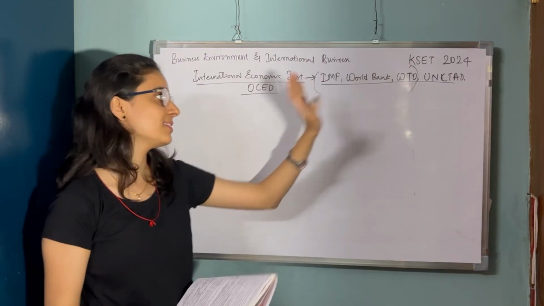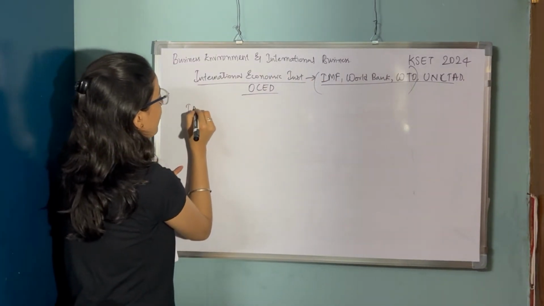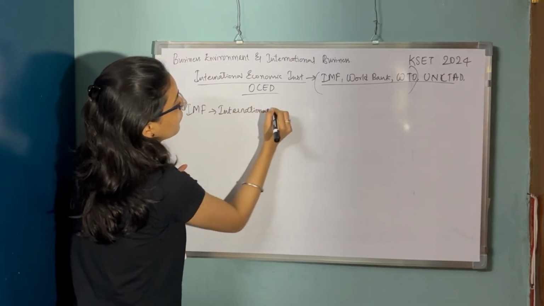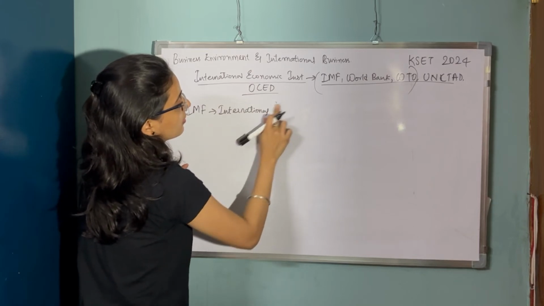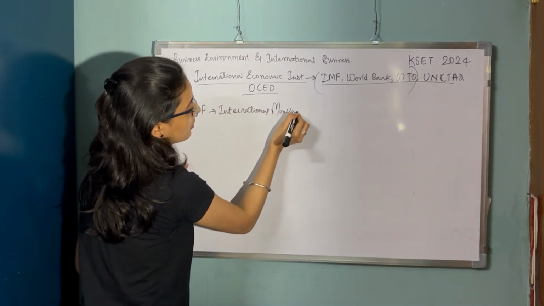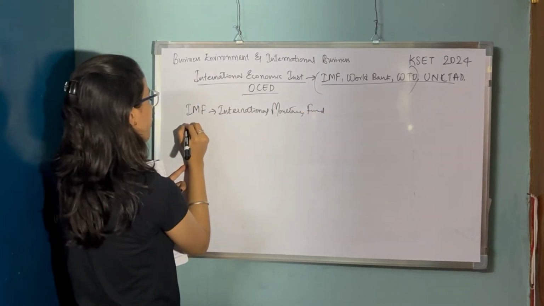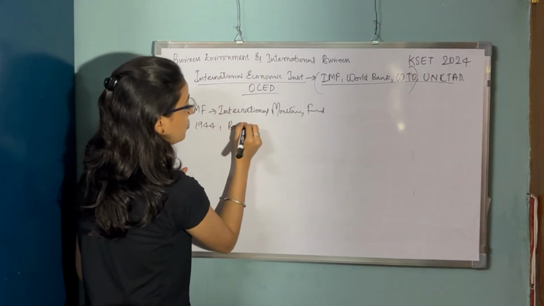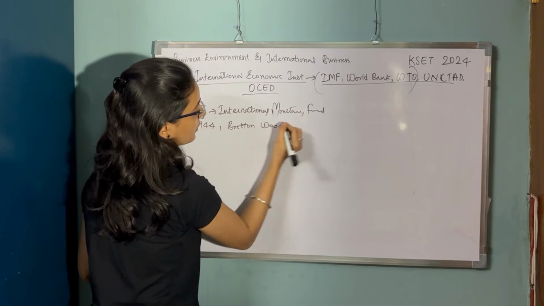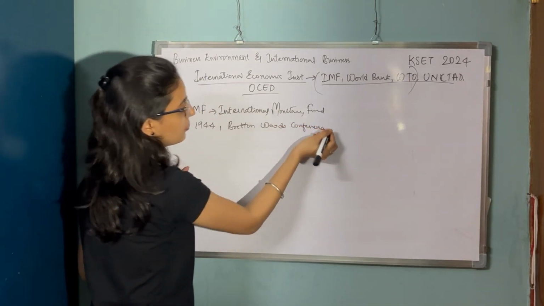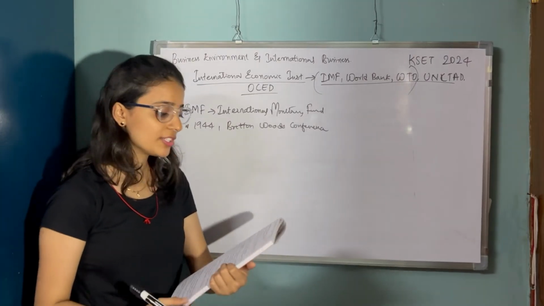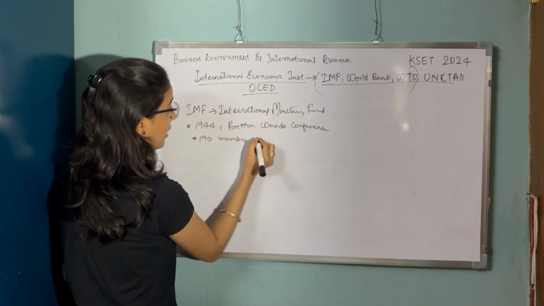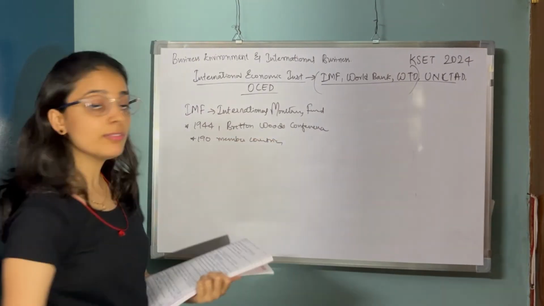Let's look into these 3 most importantly, that is IMF, the International Monetary Fund, which was established in 1944 at the Bretton Woods Conference, and which includes 190 member countries. Why was this established?